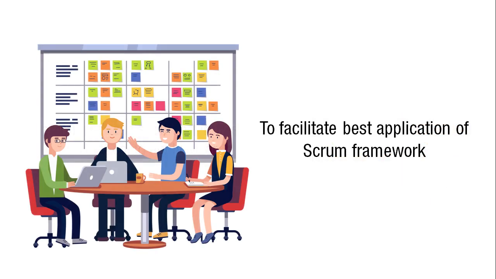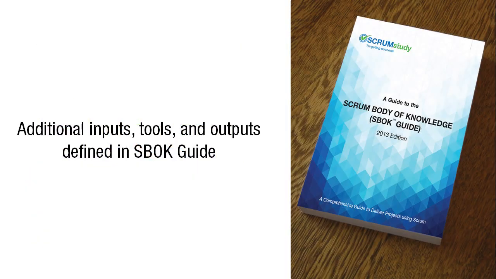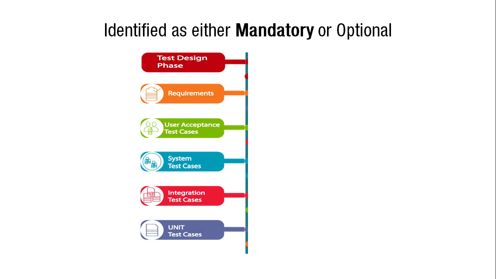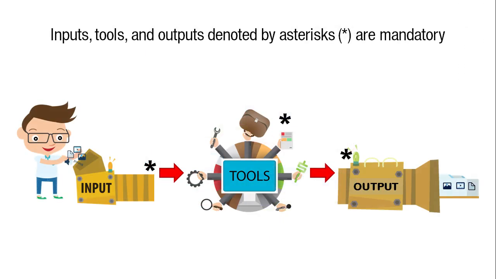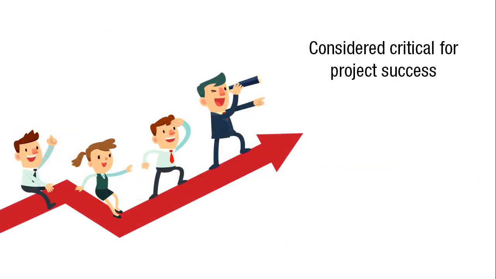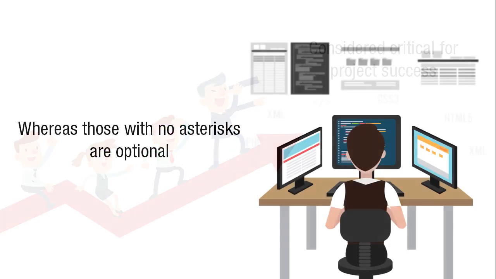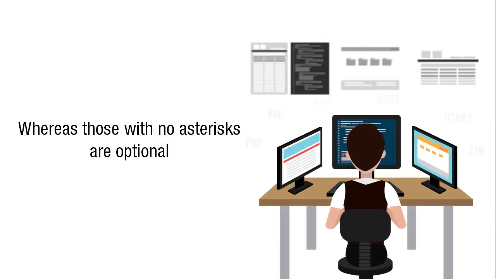To facilitate the best application of the Scrum framework, this chapter identifies additional inputs, tools, and outputs as either mandatory or optional. Inputs, tools, and outputs denoted by asterisks (star) are mandatory or considered critical for project success, whereas those with no asterisks are optional.